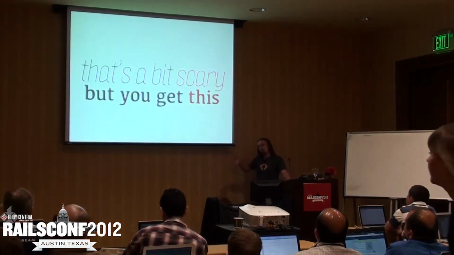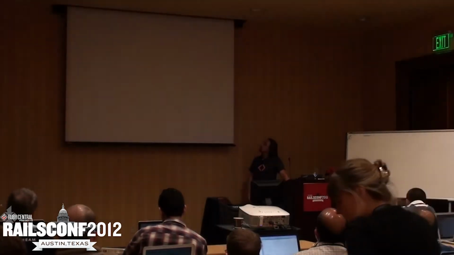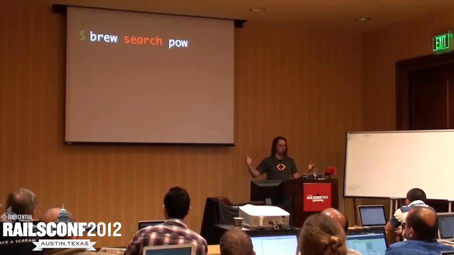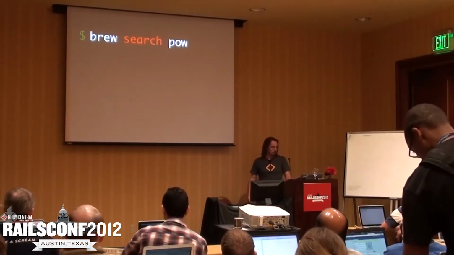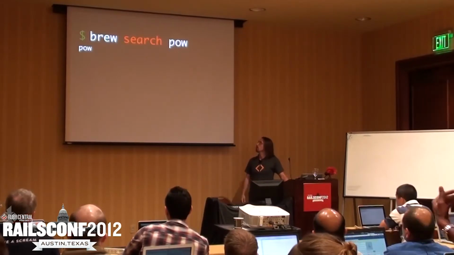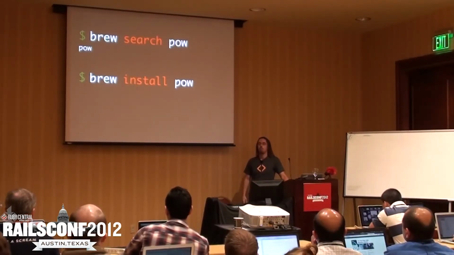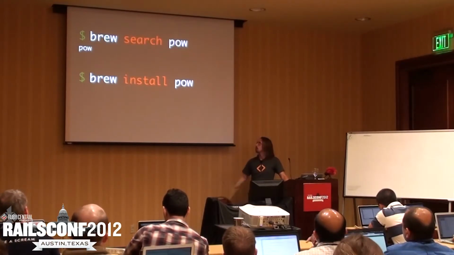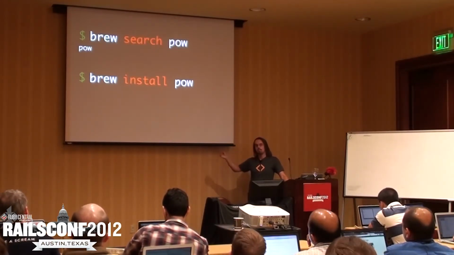The advantage after you install Homebrew is that you get things like this. You can type brew search whatever, in this case POW, and you get a little text that says POW. After that, you can do brew install POW. On Linux, if any of you have played with Linux or Unix, it's a little bit more tedious than that.